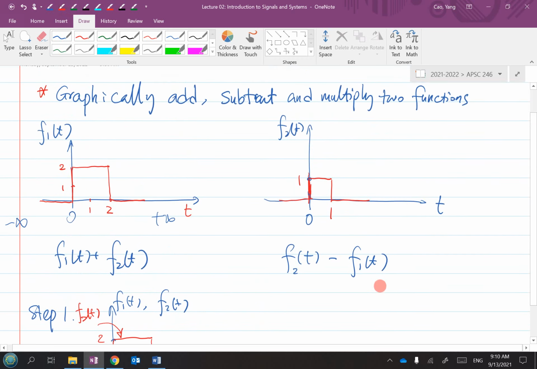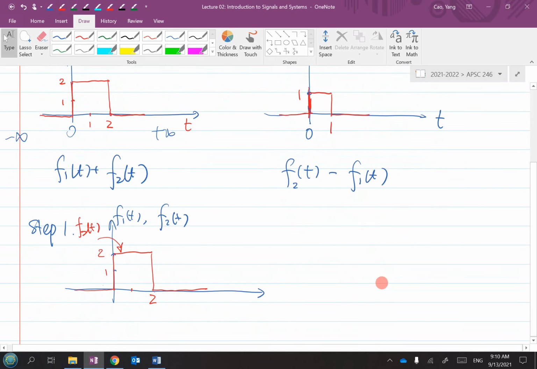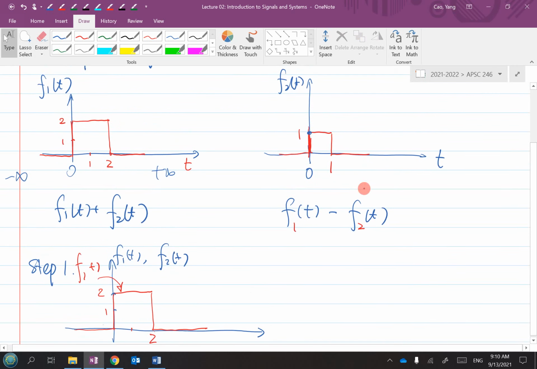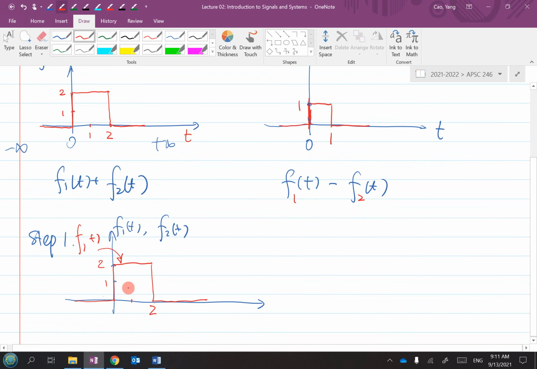Sorry, what did I label here? This is f1 of t. I should say, this is f1 minus f2. Right? So f1 minus f2. So label this as f1 of t. And then you draw f2 of t, which is this one here. So that, let me use a black color now.